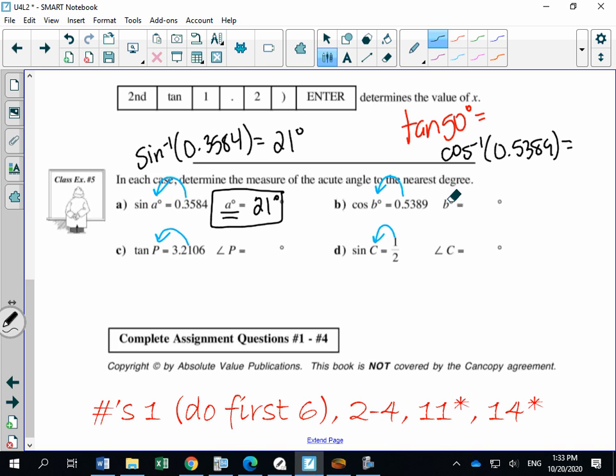So get what this angle is to the nearest degree, what C is, and what D is. And then that's the lesson, and I will give you your homework, and we'll set up 2 as a class. And then tomorrow we'll really start solving the triangles.